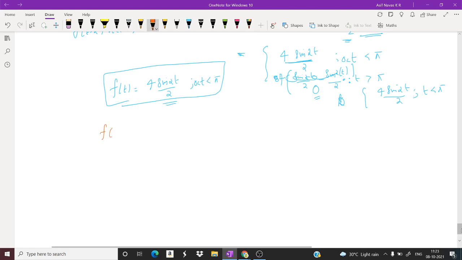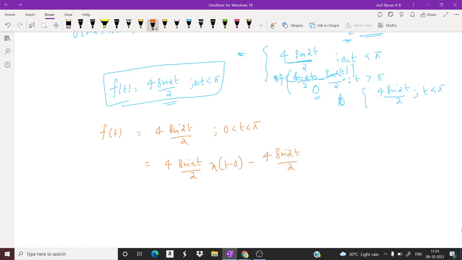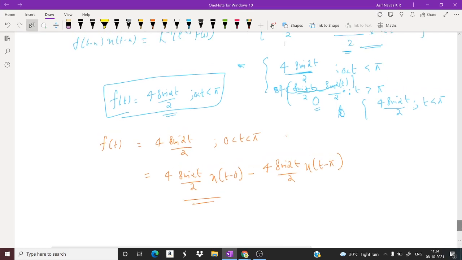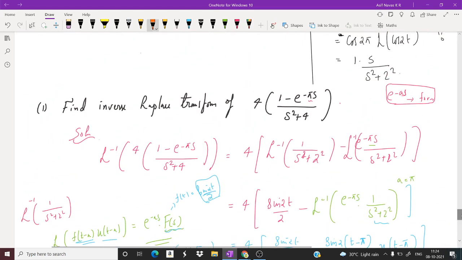We can check that f of t equals 4 into sin 2t by 2 when 0 is less than t less than pi. You can write it as 4 sin 2t by 2 into u of t minus 0, minus 4 sin 2t by 2 into u of t minus pi, right? So if you take the Laplace transform, you will get the above function. Its Laplace transform is the same as this. Have you got it? Any doubt?